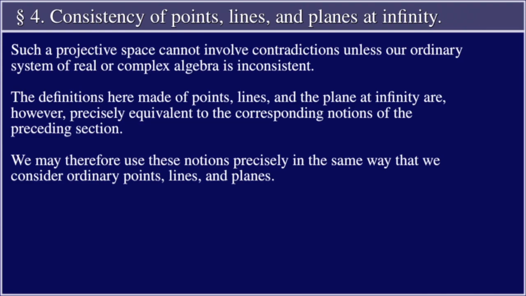The definitions here made of points, lines, and the plane at infinity are, however, precisely equivalent to the corresponding notions of the preceding section. We may therefore use the notions precisely in the same way that we consider ordinary points, lines, and planes.